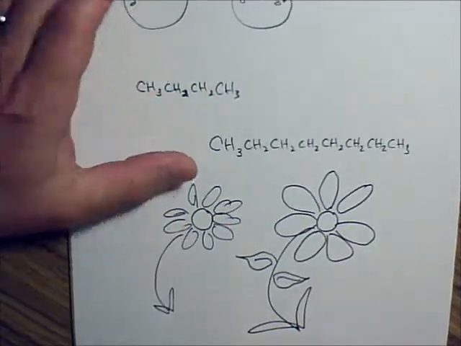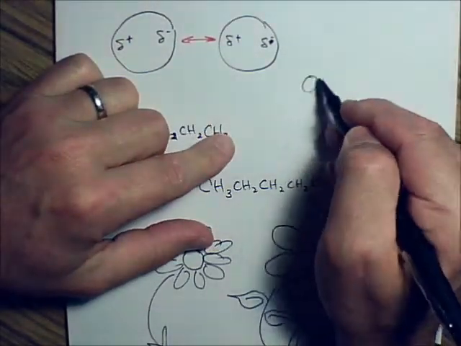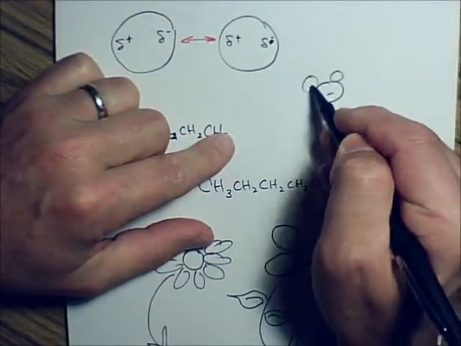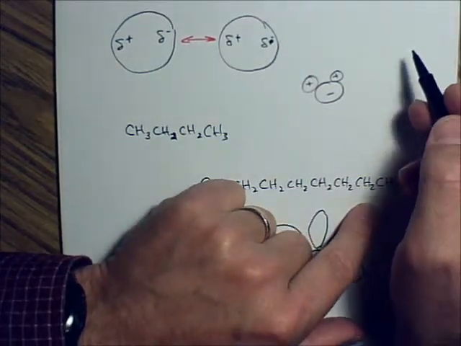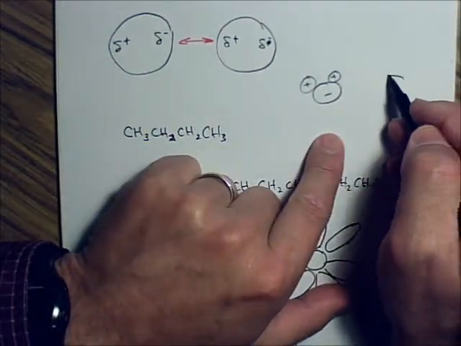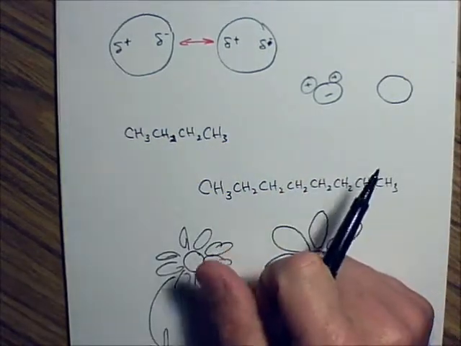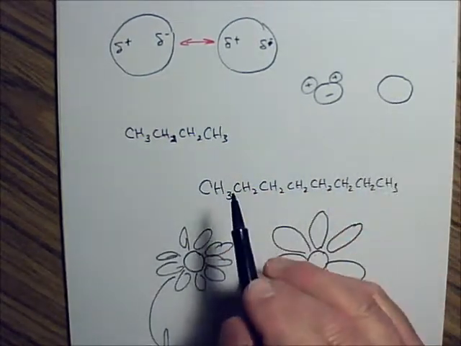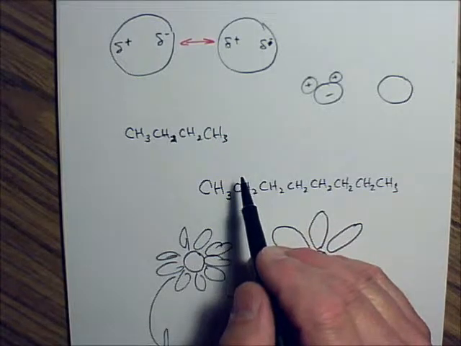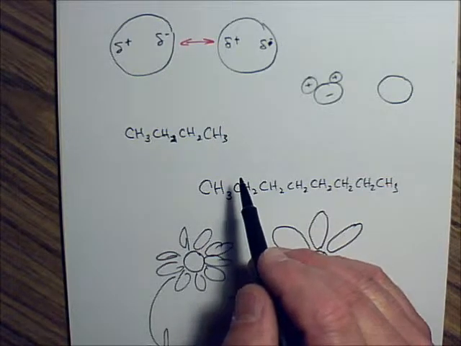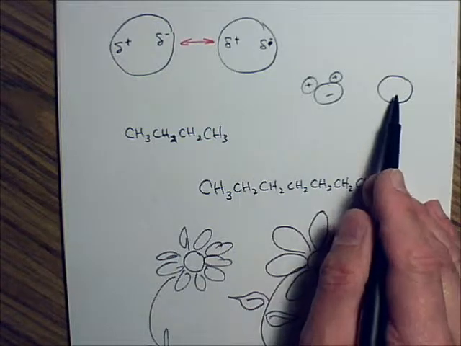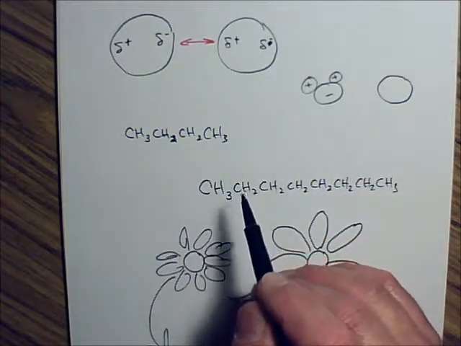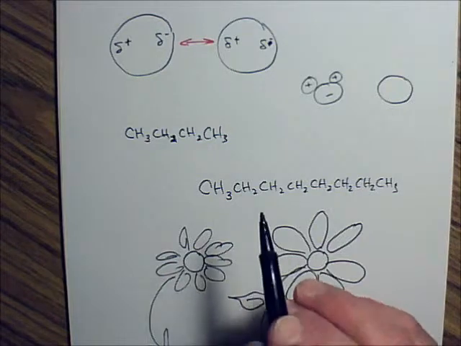Now, why is it then that something like water, which is highly polar, and something like oil or propane, which is nonpolar, why can't water dissolve the nonpolar stuff, or vice versa? Why don't they like each other? Well, the nonpolar stuff likes the water okay. The water doesn't like the nonpolar stuff.